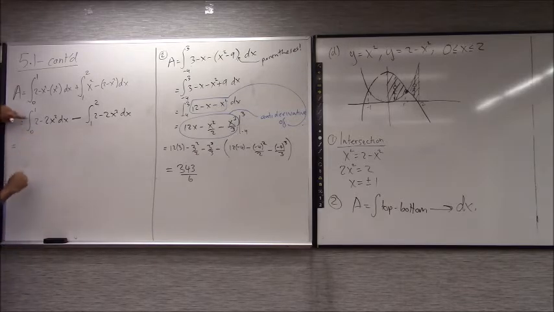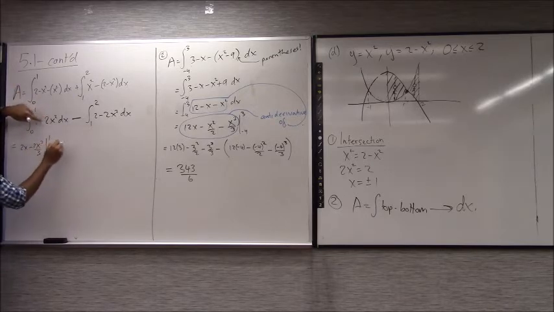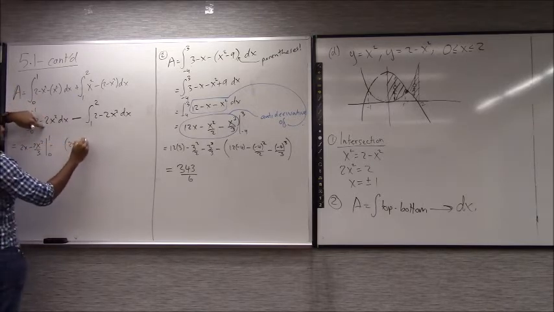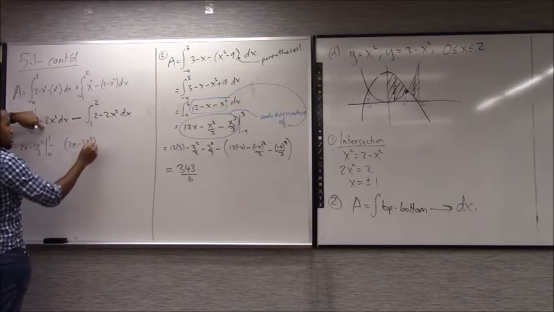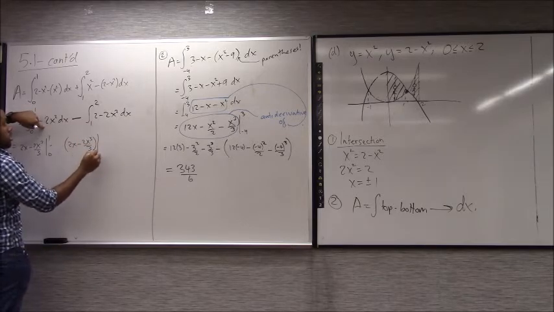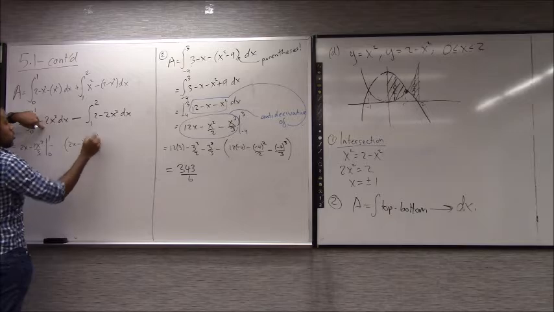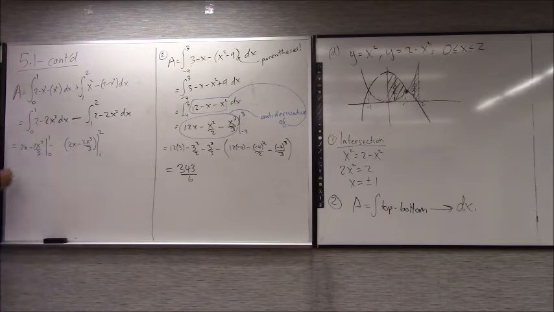So I'm going to integrate this. That's 2x. This here will become 2x cubed over 3. That's between 0 and 1, minus pretty much the same thing, but this is going to be 1 up to 2.